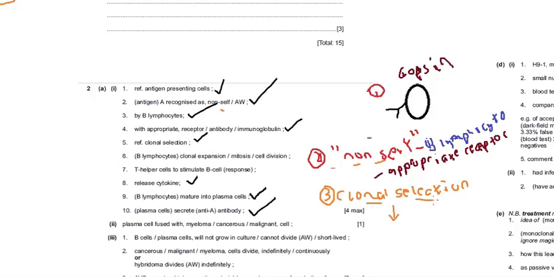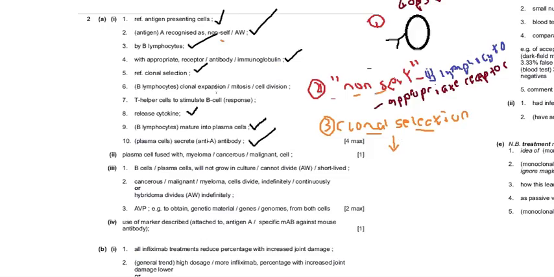It should be identified which receptor the antigen has, so we can produce a complementary antibody. Clonal selection is simply the identification of this receptor, and the consequent production after clonal selection.